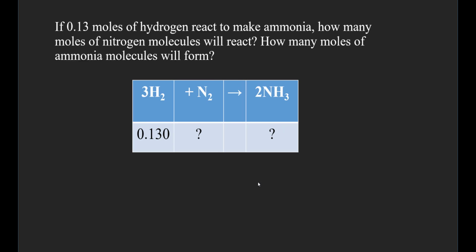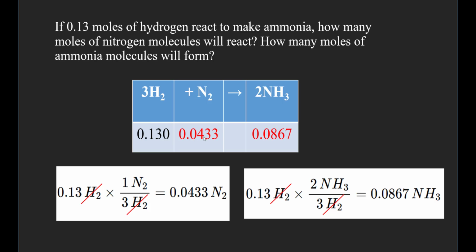Okay, one last one where numbers are not quite as easy to see. What would you do if it was 0.130 hydrogens? How much nitrogen? Divide the 0.130 by 3, and then when you're done with that, multiply by 2. So this time, because the numbers are starting to get to where it's not as easy to do it in your head, it might be nice for you to actually write them out.